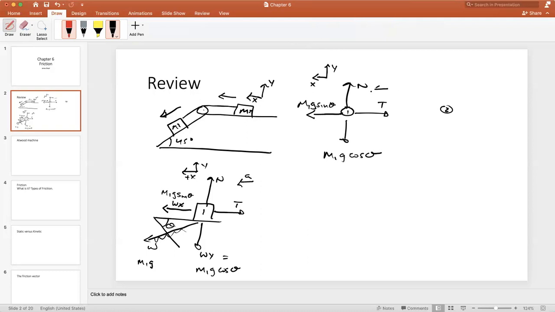And our acceleration for this guy, acceleration 1, goes that way. For number 2, we have the normal 2 and the weight 2, which is M2g, and it has a tension because it's attached to this rope to mass 1. I'm going to let y and x be the same, and A2 is also going to point in that direction.